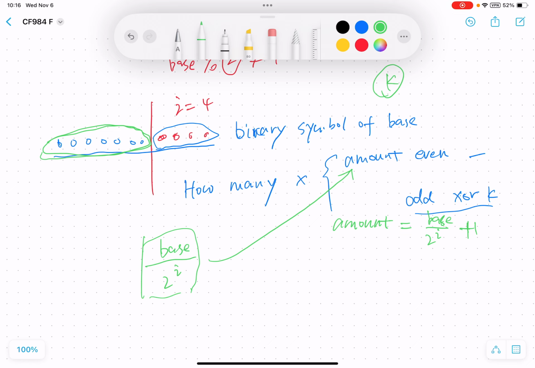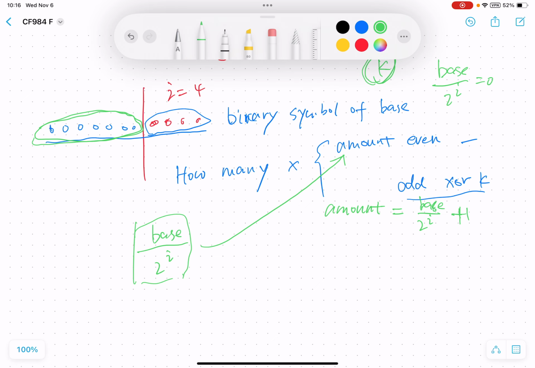That means base mod 2 to the power of I equals 0, so the x will be k. It also includes the amount of x that cannot meet the requirement. This is the first part.